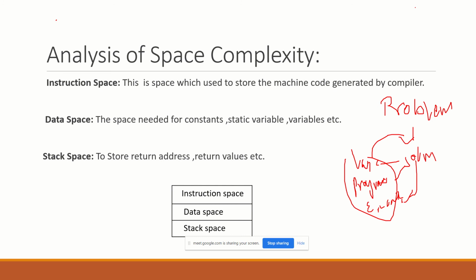Whenever a solution to a problem is written, some memory is required to complete it. We know that if I write a program, a memory is needed to complete that program execution.